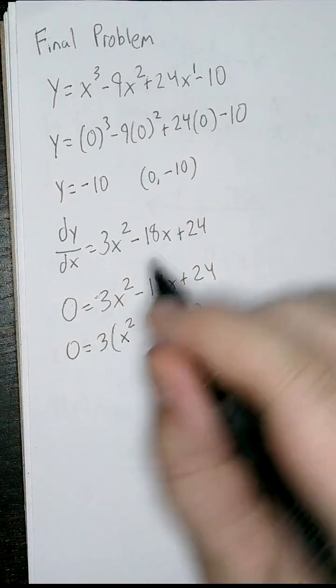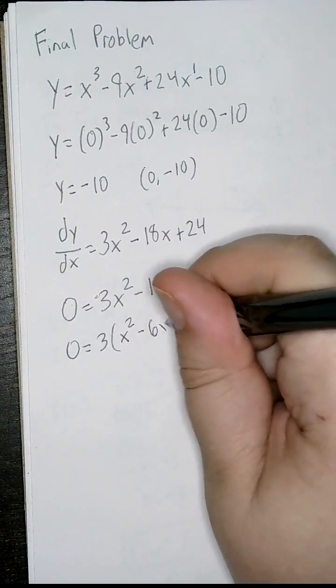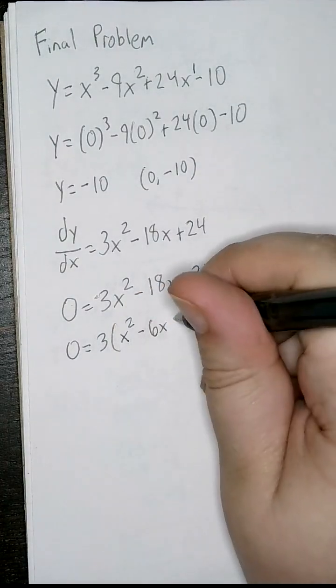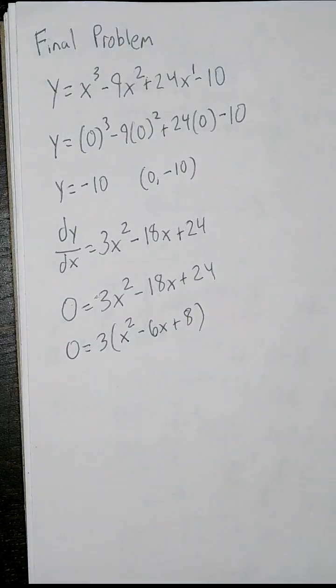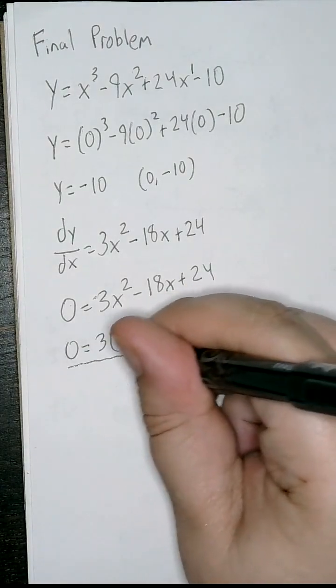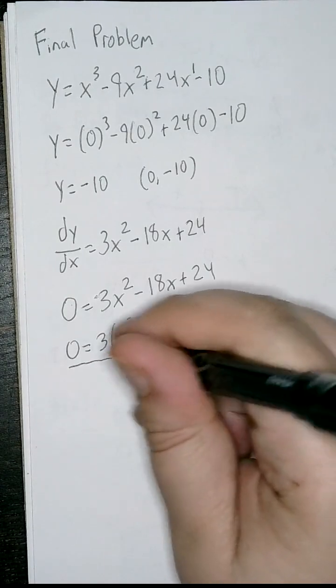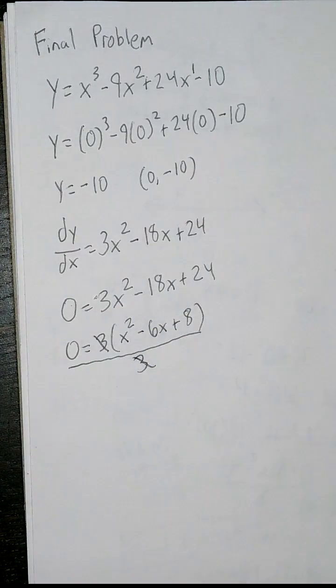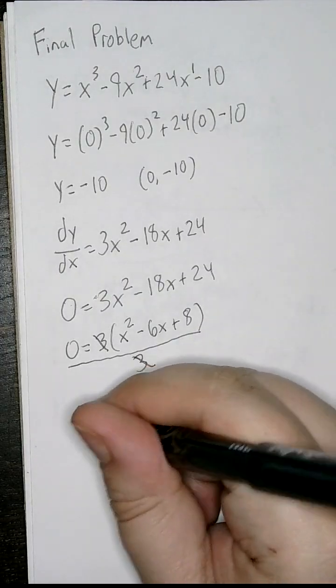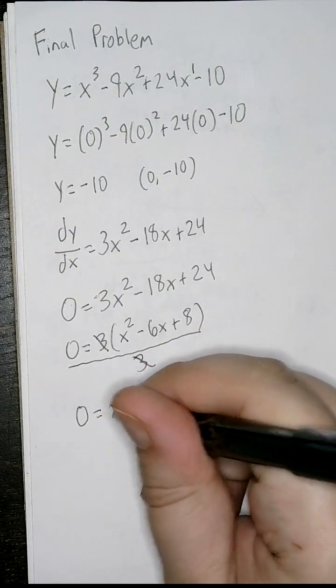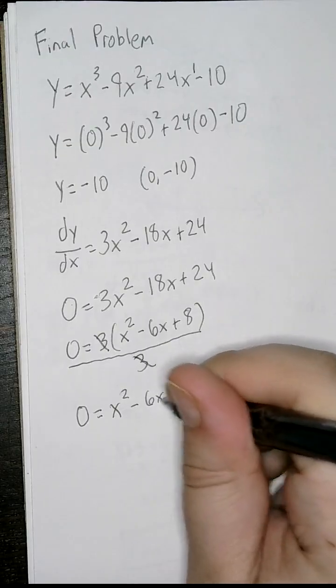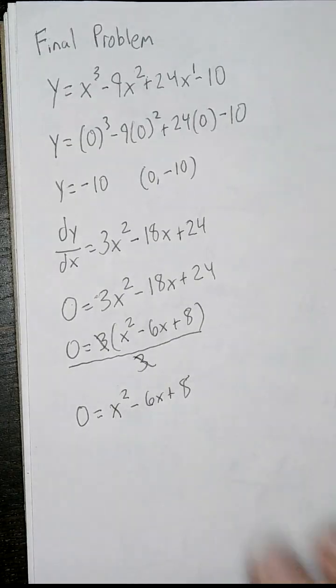Negative 18x divided by 3 is negative 6x. And 24 divided by 3 is 8. Since 3 can never equal 0, I'm just going to divide that out, so we can say bye to that 3. So I have 0 is equal to x squared minus 6x plus 8.